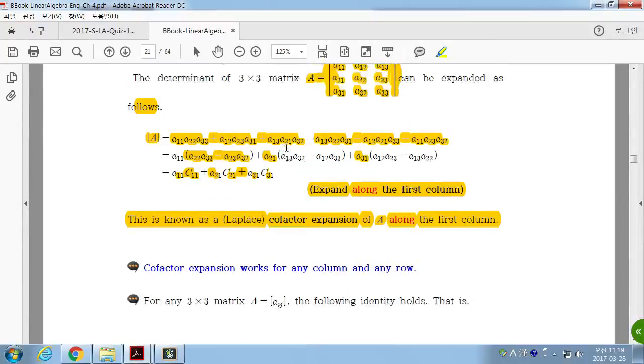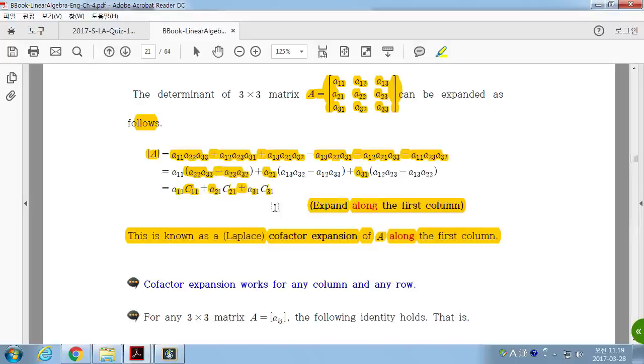Since the determinant of A is the same as the determinant of A transpose, the same thing could be done on the rows, because A transpose is just the transpose of this matrix A, so rows become columns and columns become rows. So everything works not only for columns but also for rows.